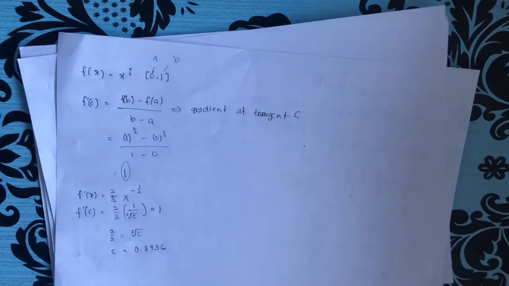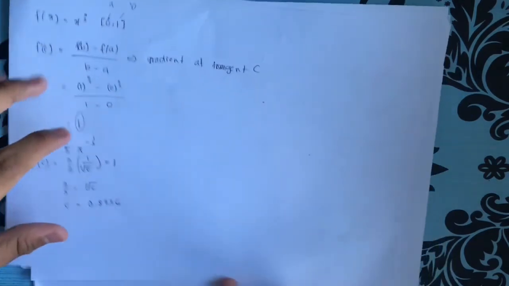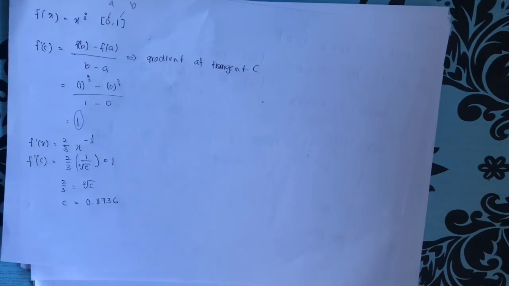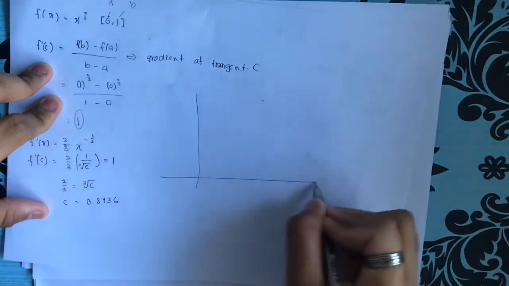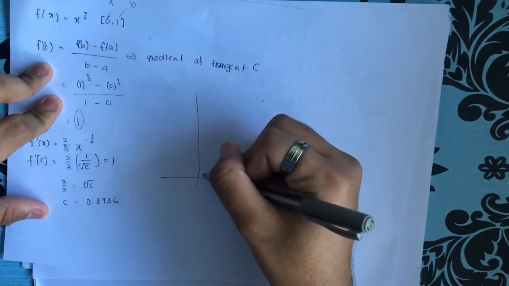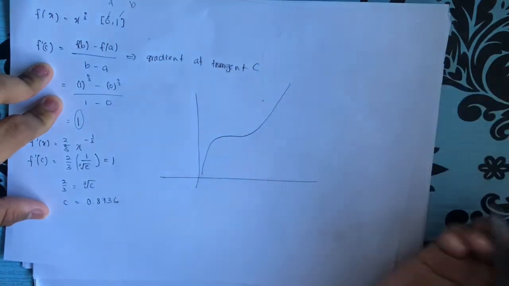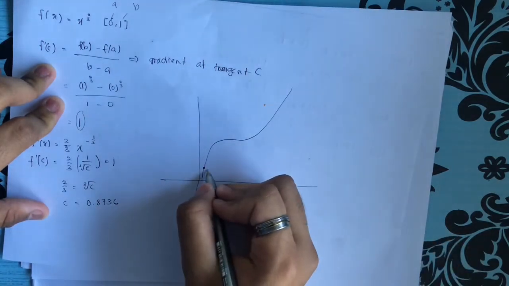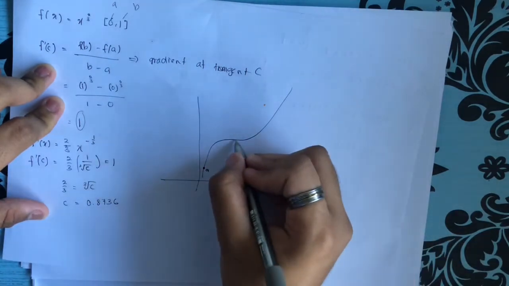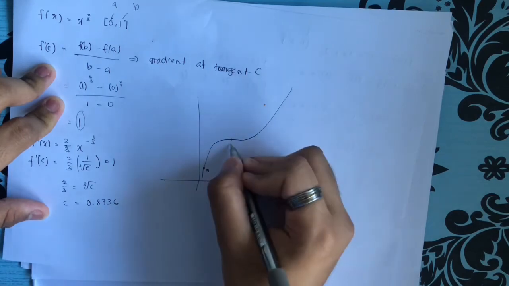Actually this means that if we draw a graph, let me show the example. Let's say this is point a, and this is point b.